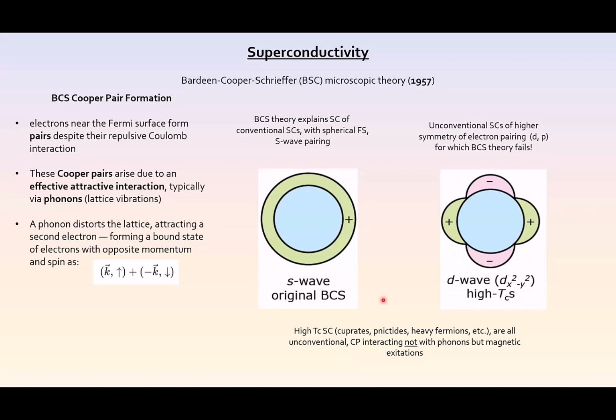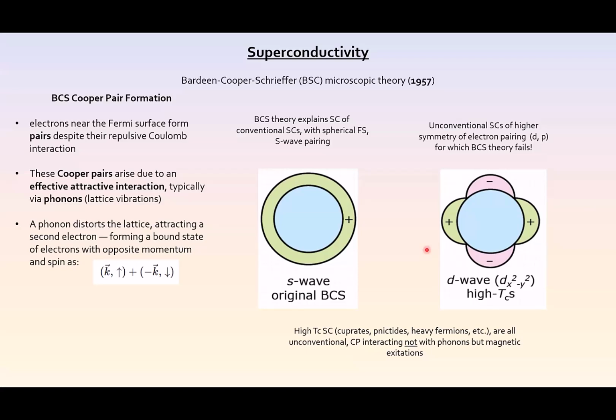And it was well explained for conventional superconductors, which have a very simple S-wave pairing symmetry. But in the case of unconventional superconductors, which most high-TC or high temperature superconductors are, like cuprates, iron pnictides, heavy fermions, the Cooper pairs interact not with the phonons, but with magnetic excitations. And that is why the structure of vortex lattices is more complex.